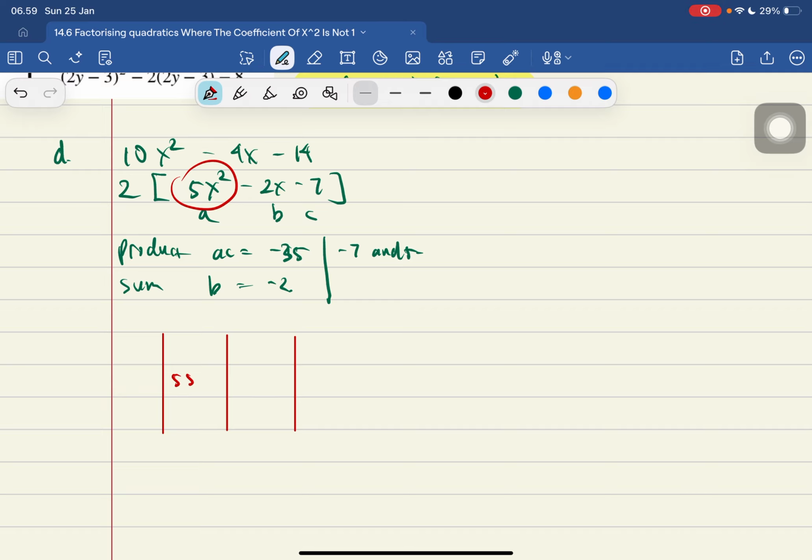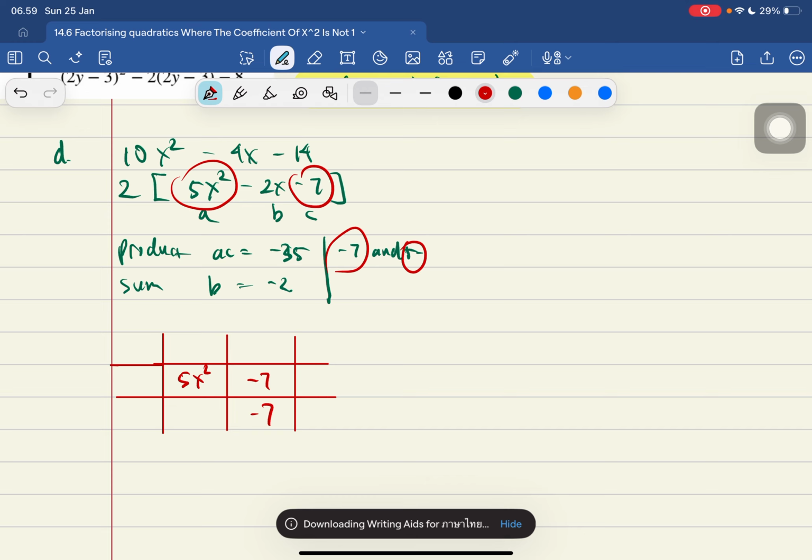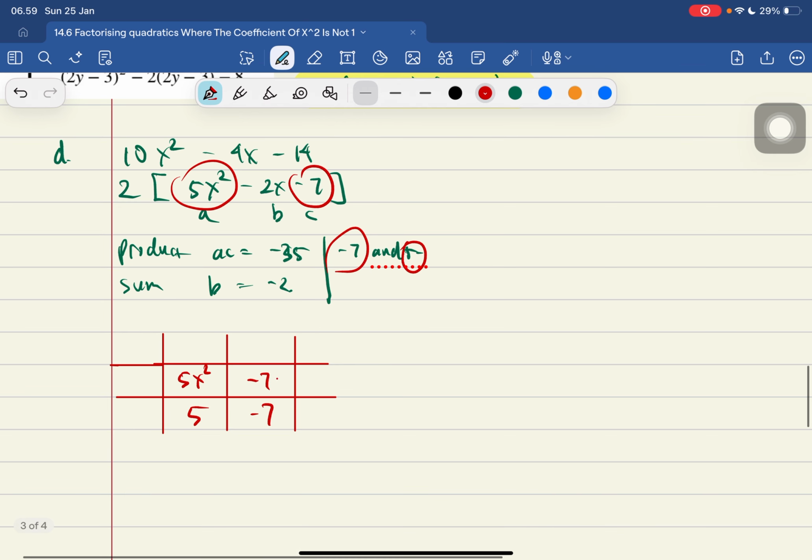So 5x squared, we will write it here. Minus 7. Here minus 7, and here is 5. x and x. So find their highest common factor.